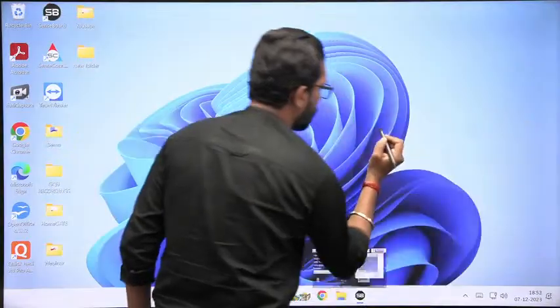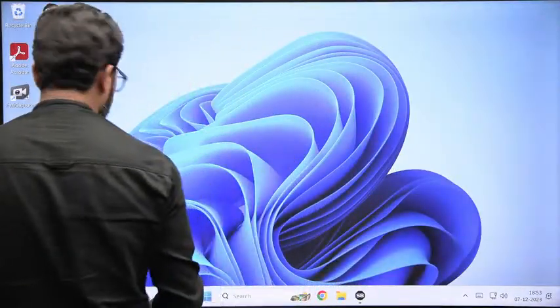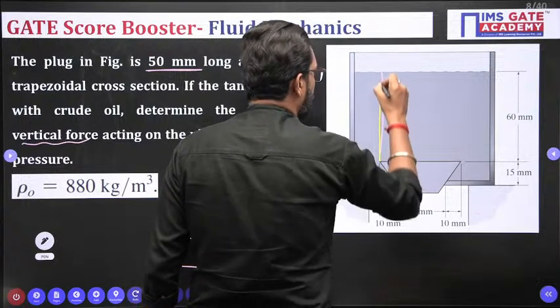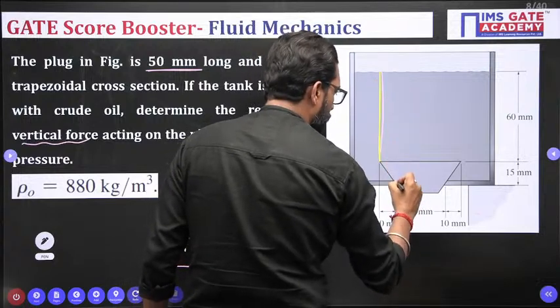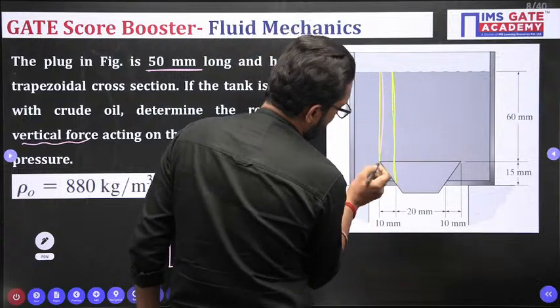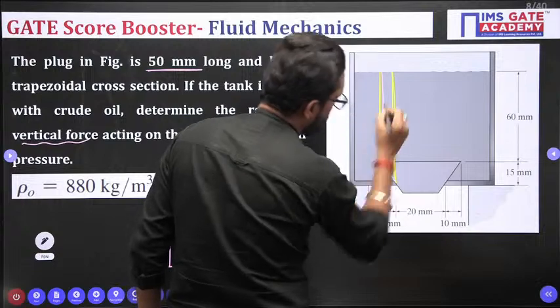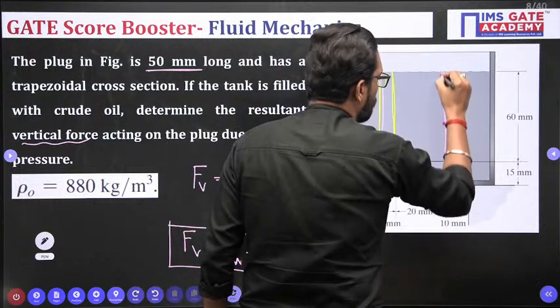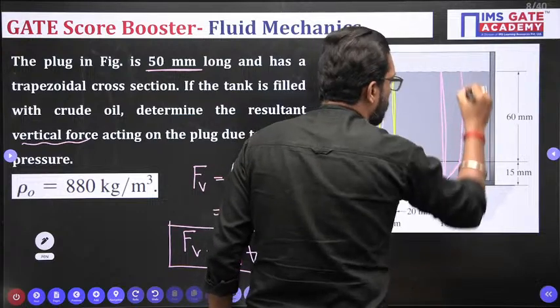That means if you project, this is your projection. For this slant, the volume contains this projection. Clear?